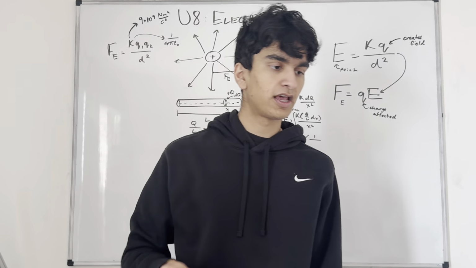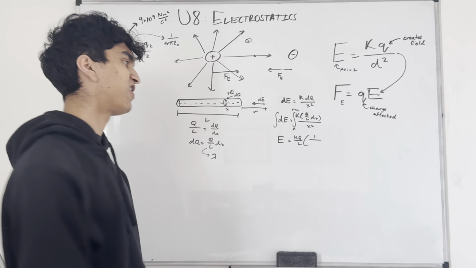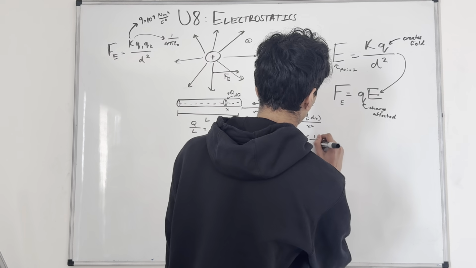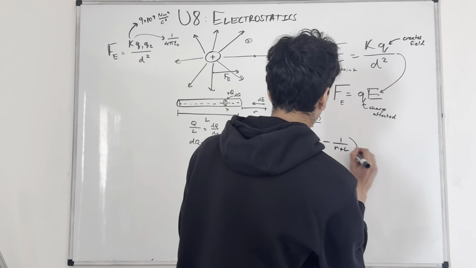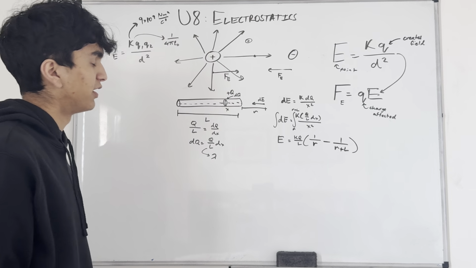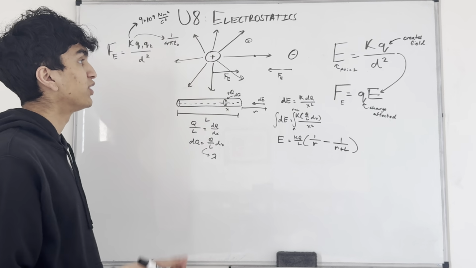And you're doing negative 1 over R plus L minus negative 1 over R. If you clear up the algebra, it just becomes 1 over R minus 1 over R plus L. You can simplify this further, but this is just to show you how we can use the point charge equation to find electric fields due to objects.